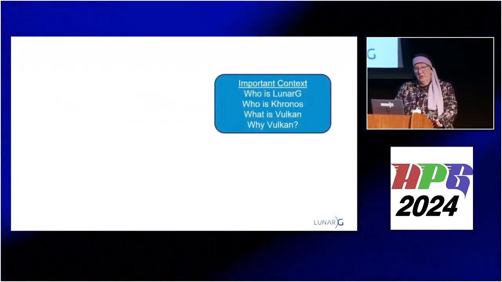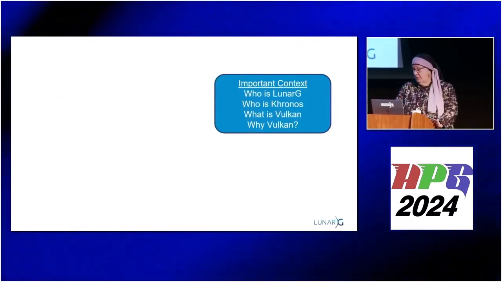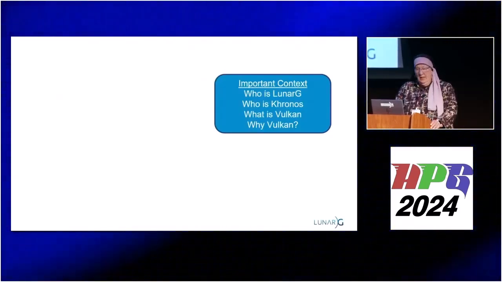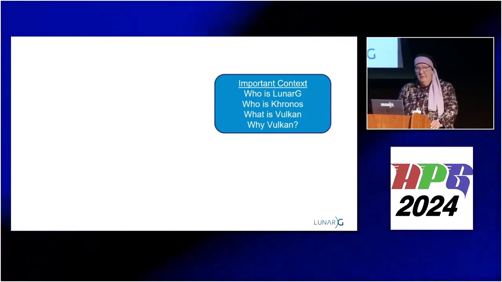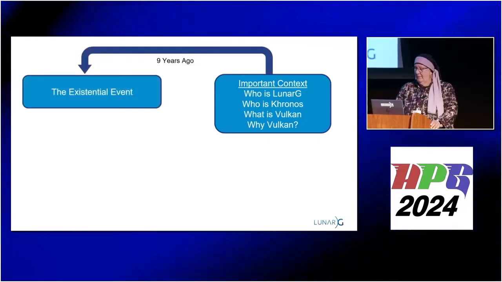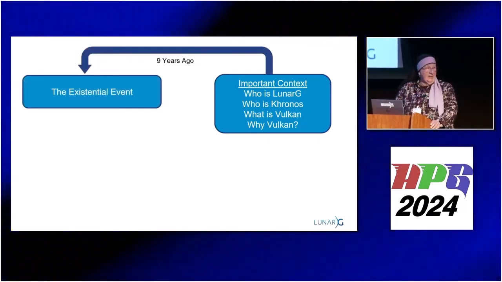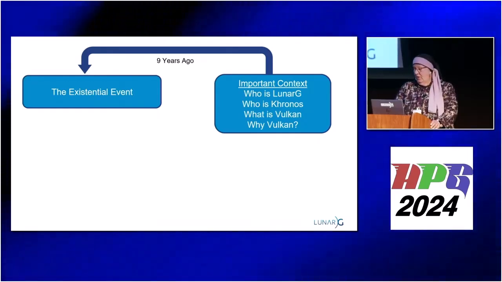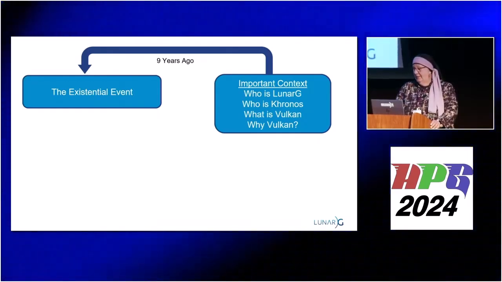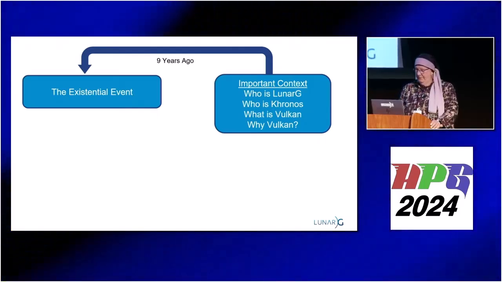So there is some important context that I have to start out with, like who is Lunar G, who is Khronos, what is Vulkan, and why Vulkan. So bear with me, but I feel like this context is needed. Then I will tell you about the existential events that occurred 9 years ago, right before the launch of the Vulkan API, and it did contribute to the rocky beginning of the Vulkan SDK.